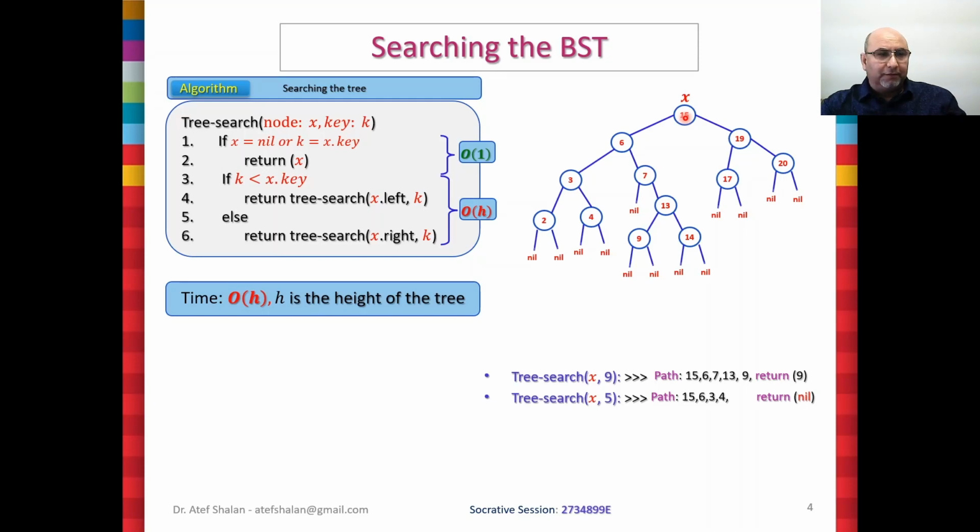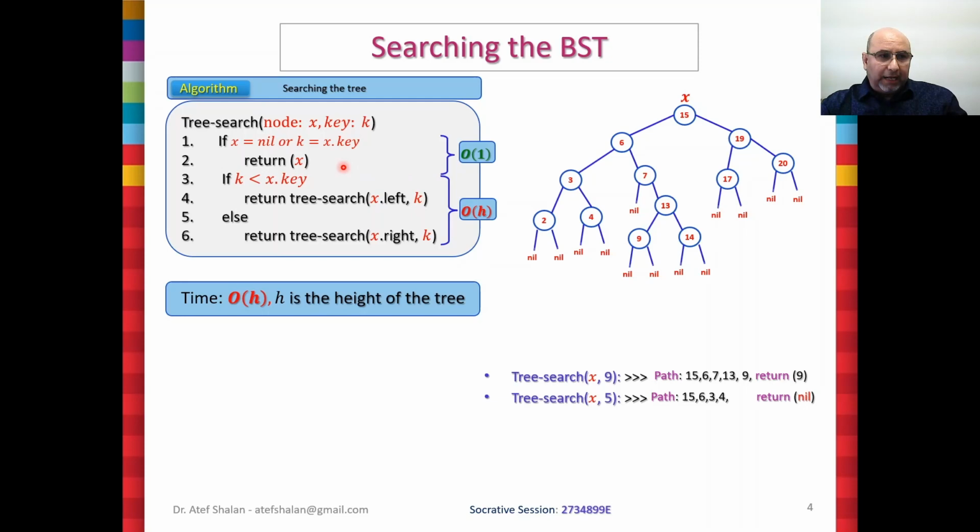If not, then the algorithm will keep searching the tree. Depending on whether the key we are looking for is smaller than the key of the node X, the algorithm will search the left-hand side, or if it is larger, then the algorithm will search the right-hand side of the tree.